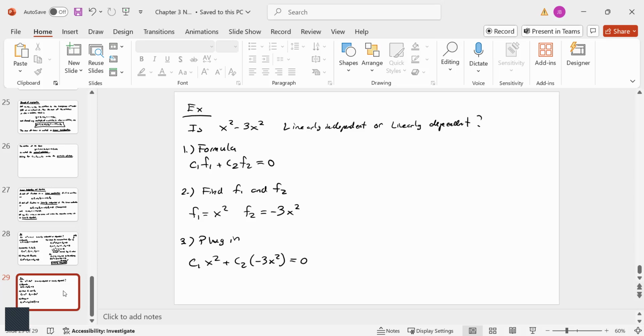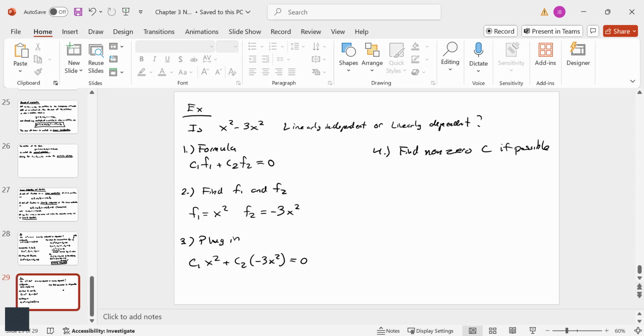Now, here is where you got to think about it. Find non-zero C if possible. So you say, okay, can I combine like terms? That's really what you're asking yourself. Can I combine like terms to get rid of them?